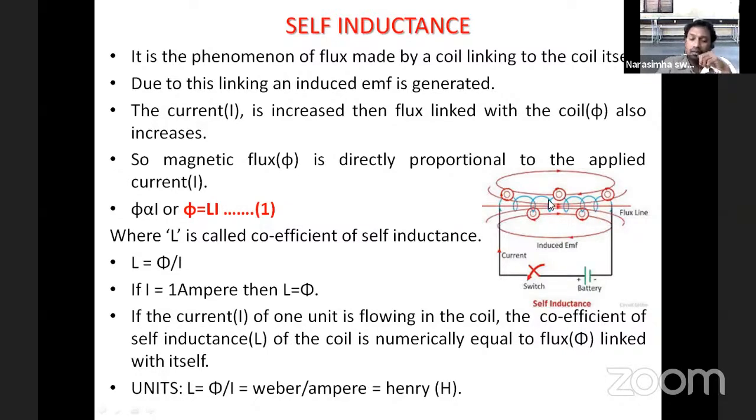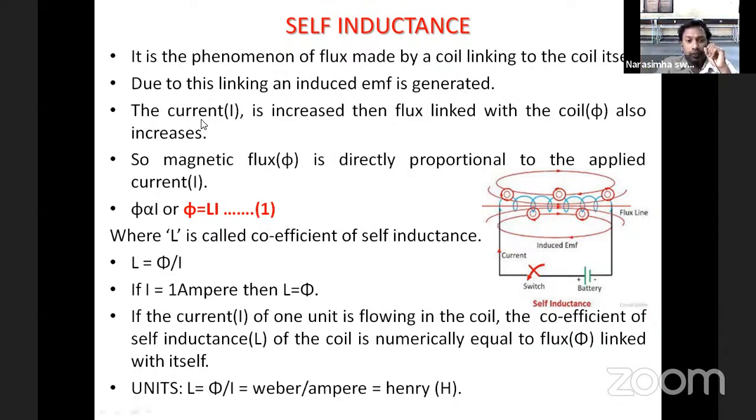But in the previous discussion, we used another coil in its vicinity so that that coil gets affected, meaning induced EMF is generated in that coil. We didn't use another coil here. The coil itself is creating the induced current.